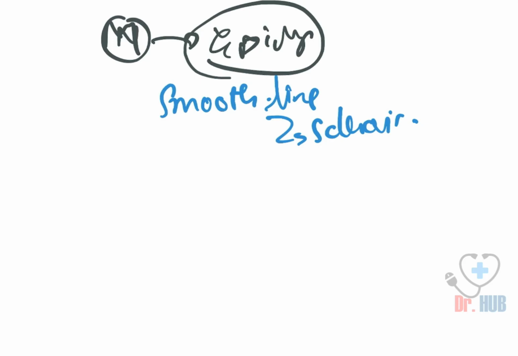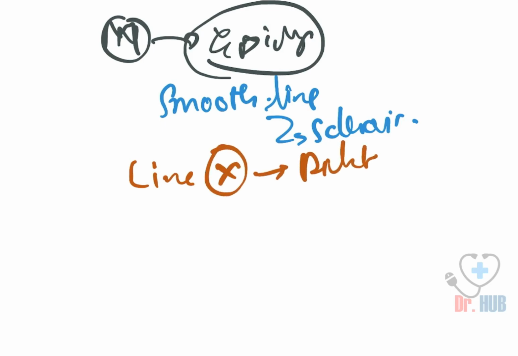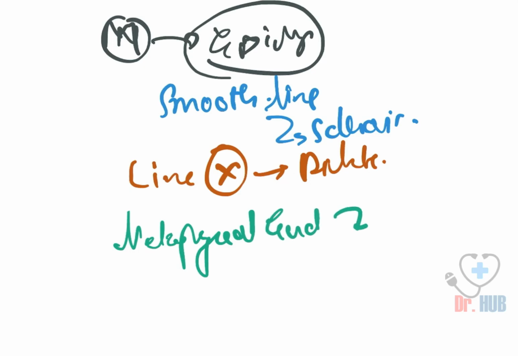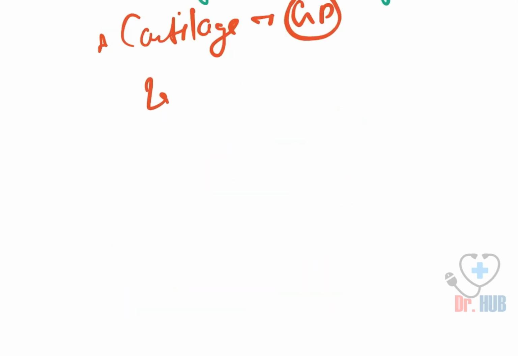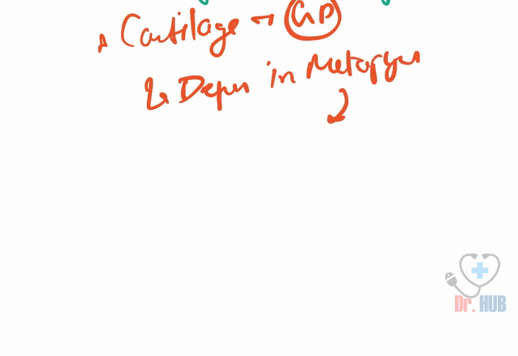And in rickets, this line is absent, and the metaphyseal end appears irregular. And the cartilage accumulating in the growth plate creates a depression in the metaphysis, and this causes cupping.